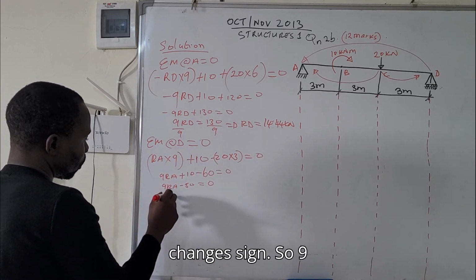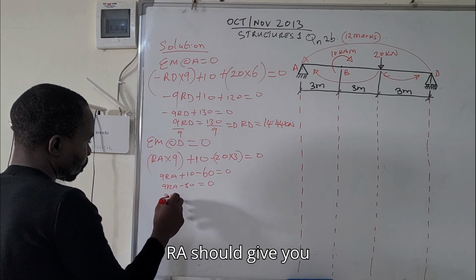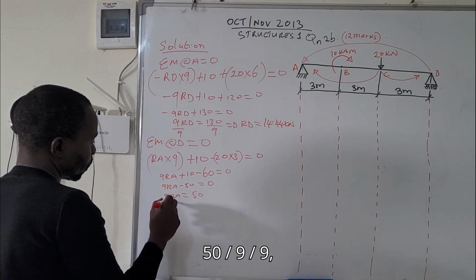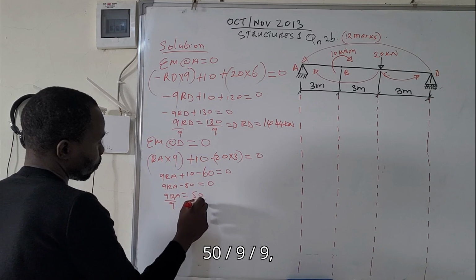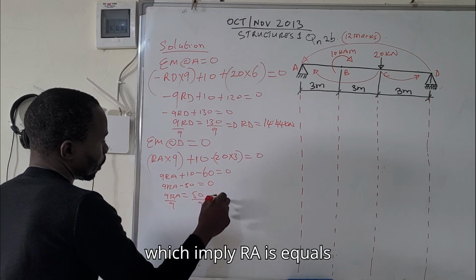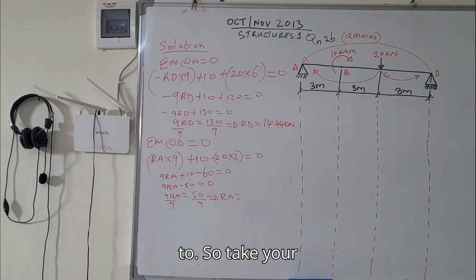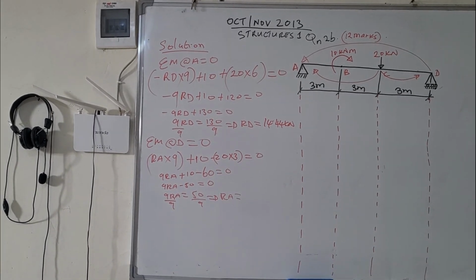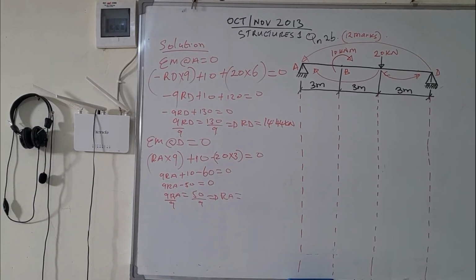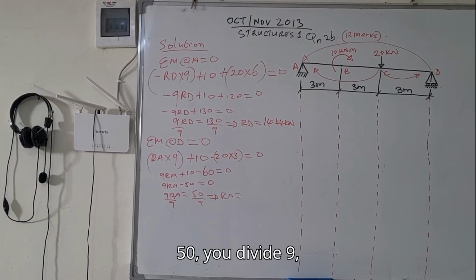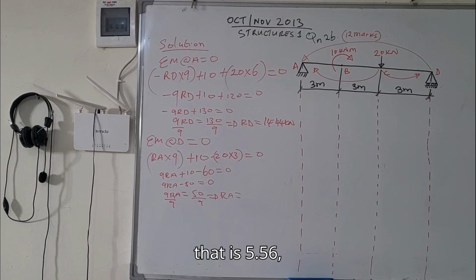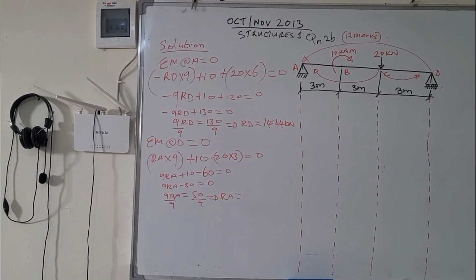So 9 RA should give you 50, and dividing by 9, RA is equal to, take your calculator, 50 divided by 9, that is 5.56.